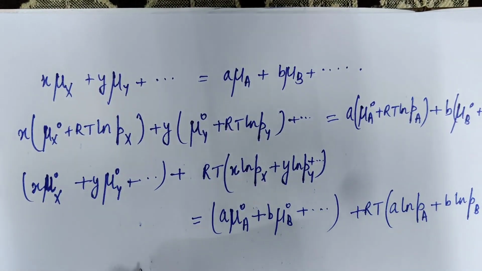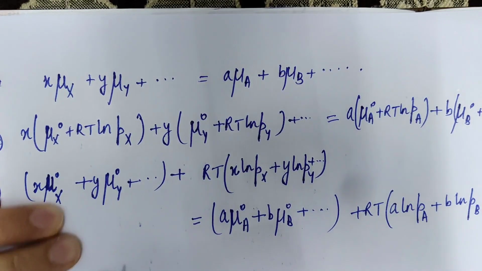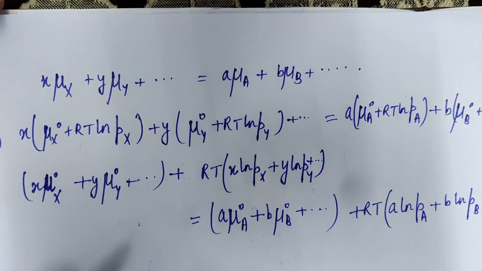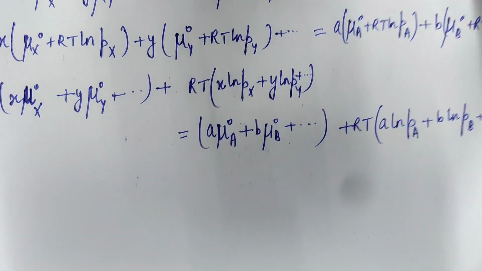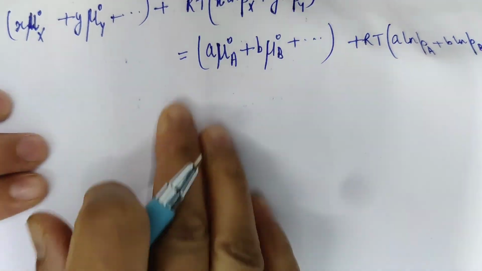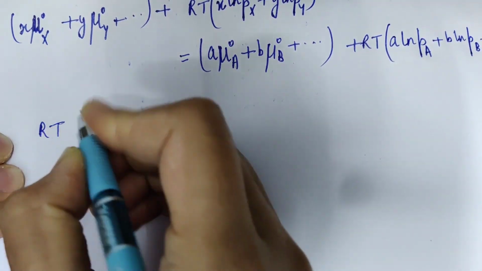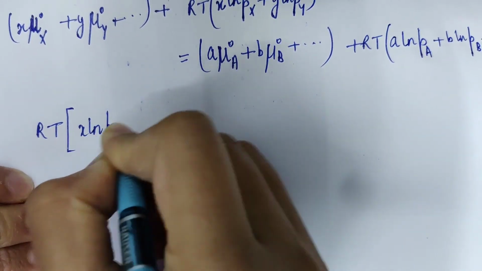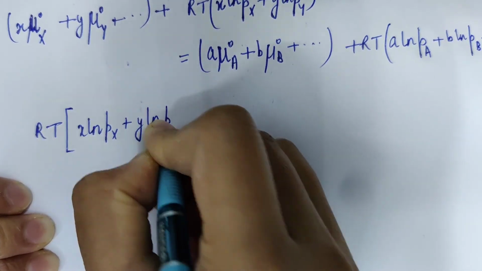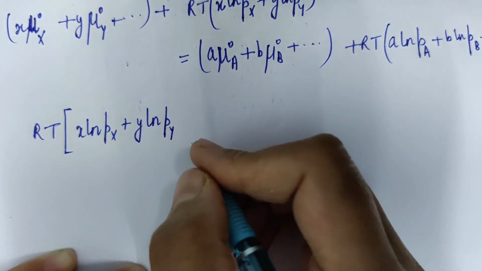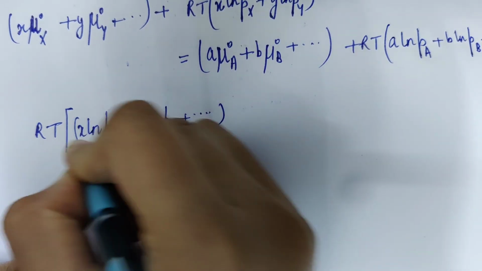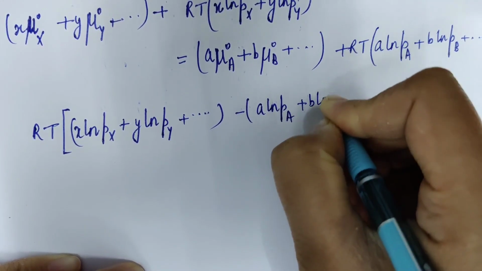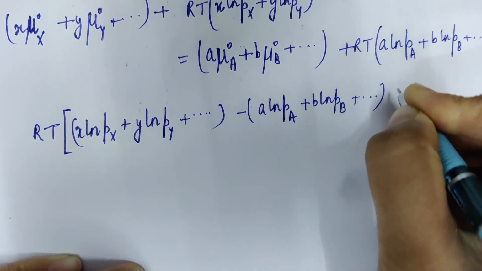Now I am going to keep the RT term on the left hand side and I'll take the remaining terms to the right hand side. So RT times x ln p of x plus y ln p of y plus so on minus a ln p of a plus b ln p of b plus so on.